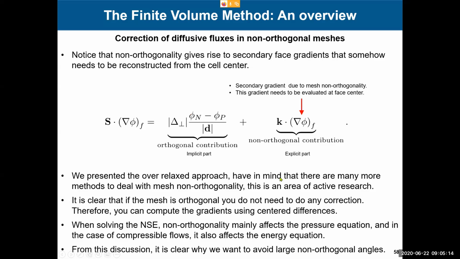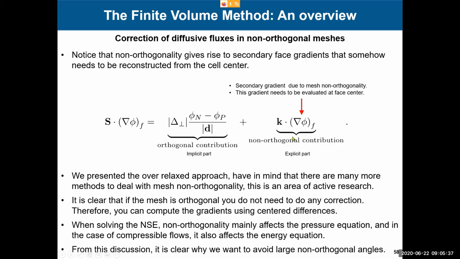Okay, so something important to mention as well: when you have non-orthogonality, you will always have a secondary gradient, okay? And this secondary gradient is the one that we need to correct, the problematic one. So wherever you see a Laplacian in your equation, you will have this secondary gradient. Probably the most famous one is the one with pressure, that we are used to.